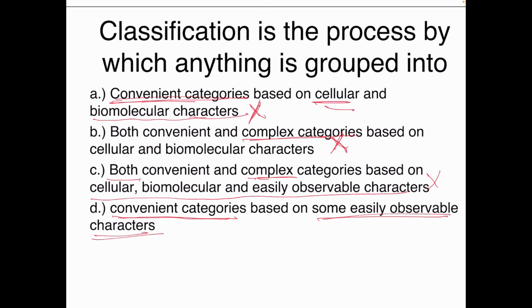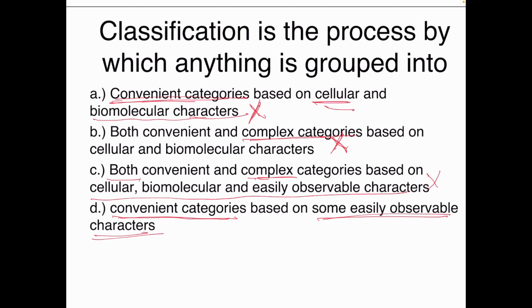Like, let's look at one of the simplest classifications of plants and animals. You can simply say that it is a plant because it cannot move from one place to another and it has life. If it has life and can move from one place to another, it is an animal.